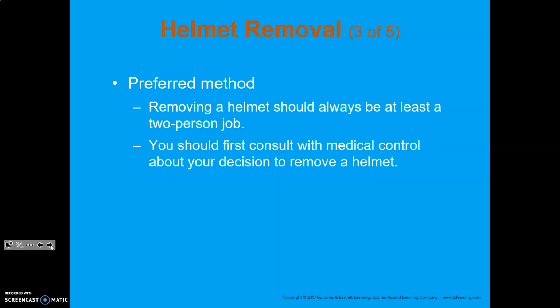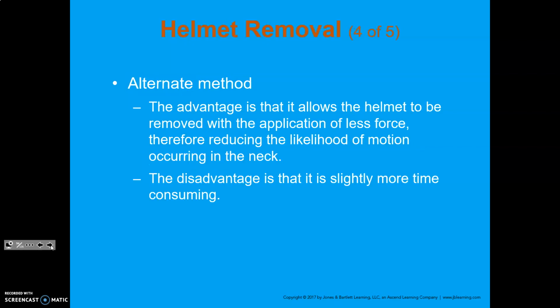What do we do? If we are removing it, we want two people. Okay. I might see if we can grab a football helmet and try this and show you how we would remove a helmet. But from underneath, from down by their shoulders, you want to hold C-spine and then take it off that way. We'll go over some techniques. We also can cut the helmet off.